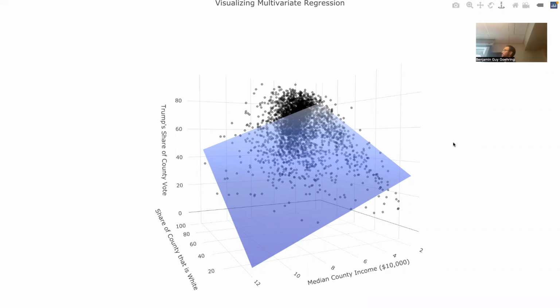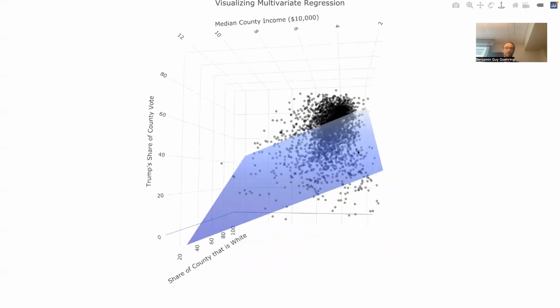What we've done with this regression line is now it's become a regression plane, and we're thinking of the plane of best fit. It's the same thing. We could draw little green lines from each of these dots to the surface of this plane, and this is the plane that minimizes the distance of those green lines. It's the same thing, except now it's a plane rather than a line.